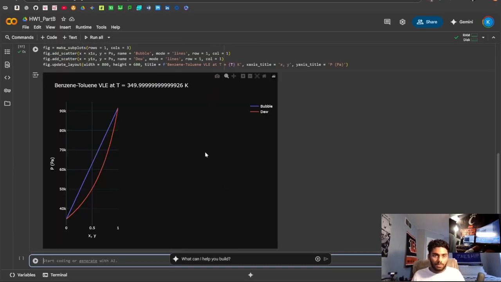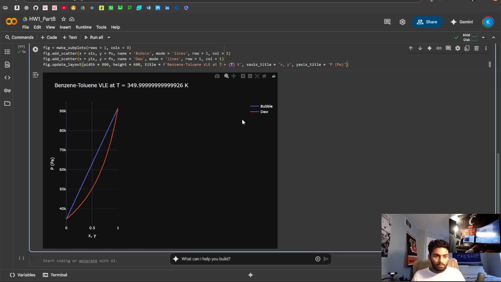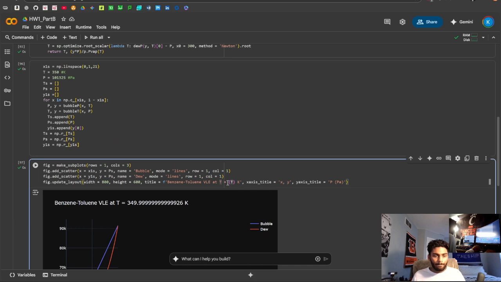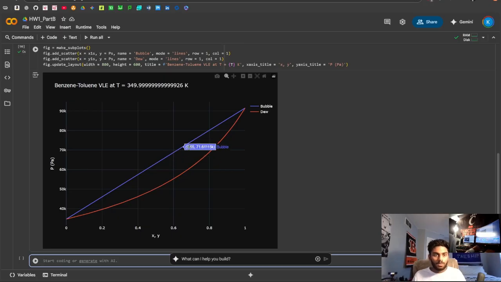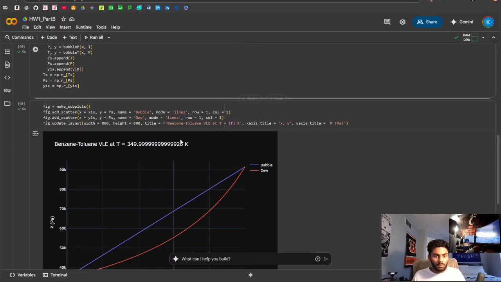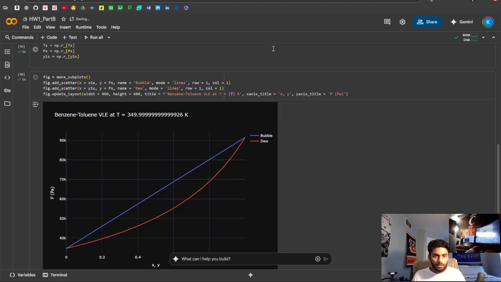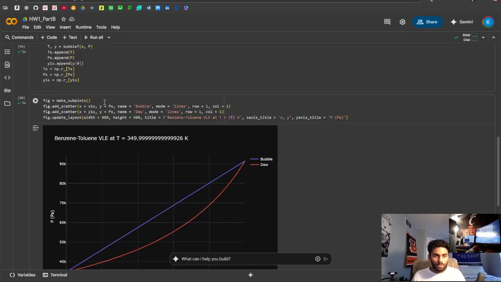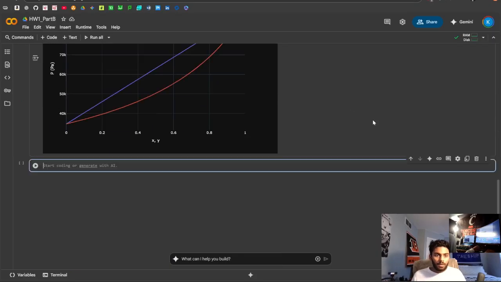Actually, I don't know about having all these on the same graph. I'm gonna just leave this one as is and make a new subplot down here.